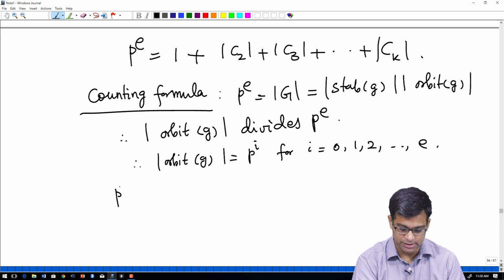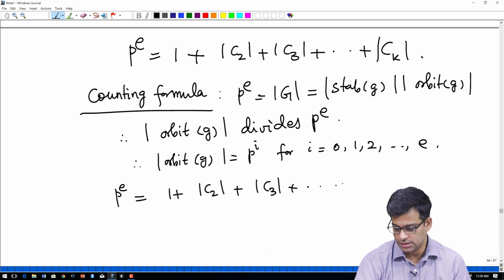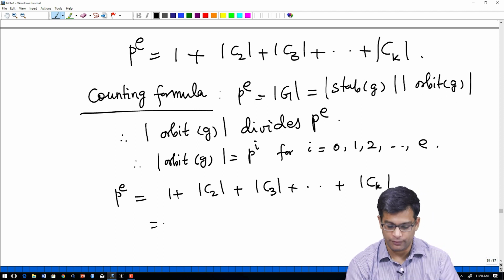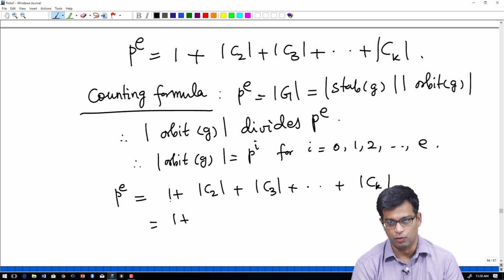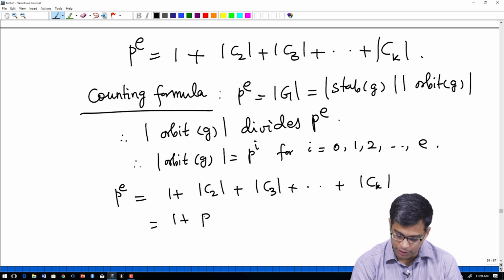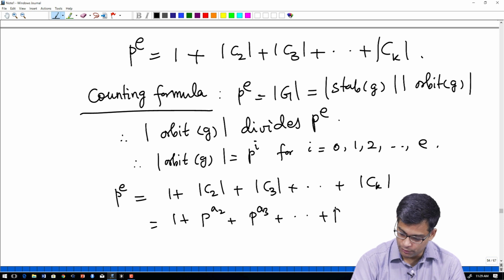Now, let us go back to the conjugacy class equation. You have 1 plus C2 plus C3 plus up to Ck. Using the counting formula, I can say that each of these is a power of p, even 1 is a power of p. So, this is some p power a2, p power a3, up to p power ak.